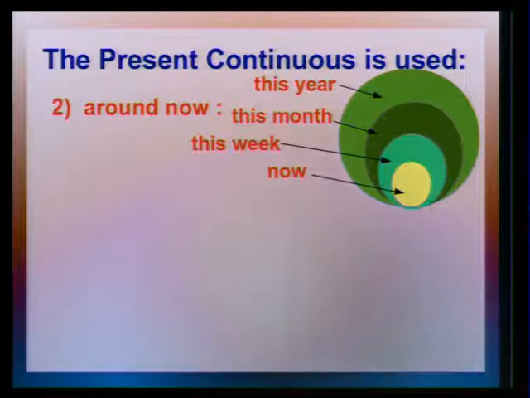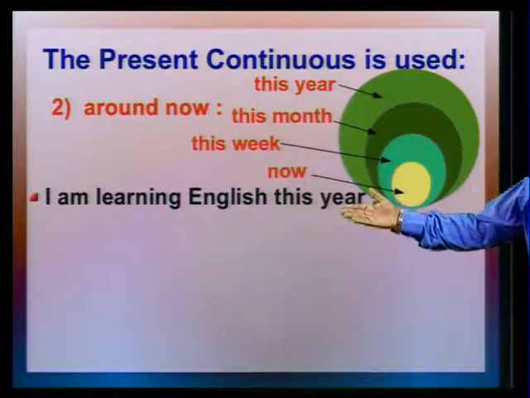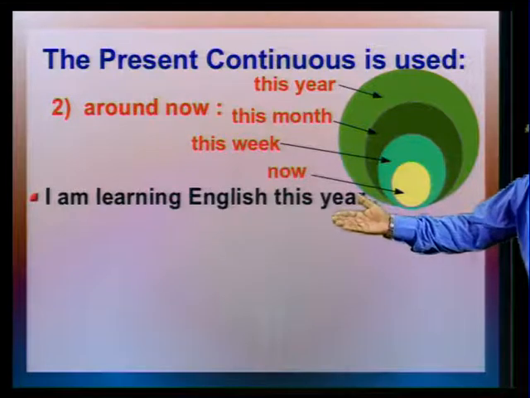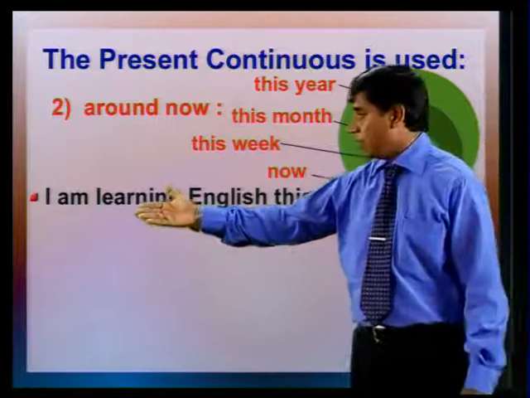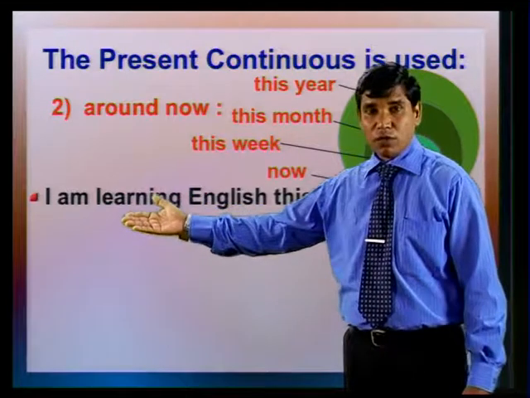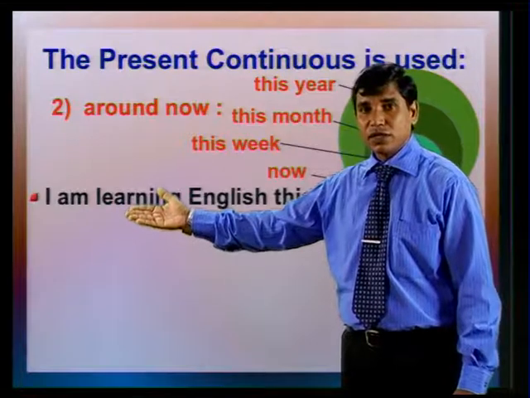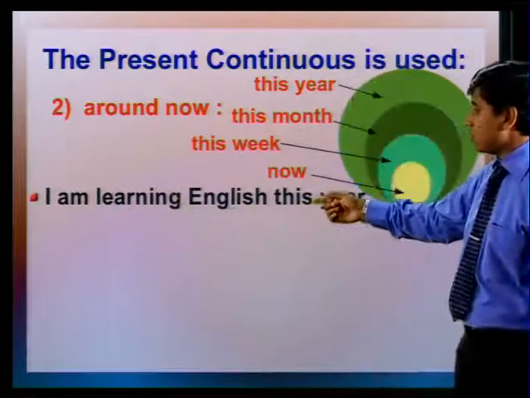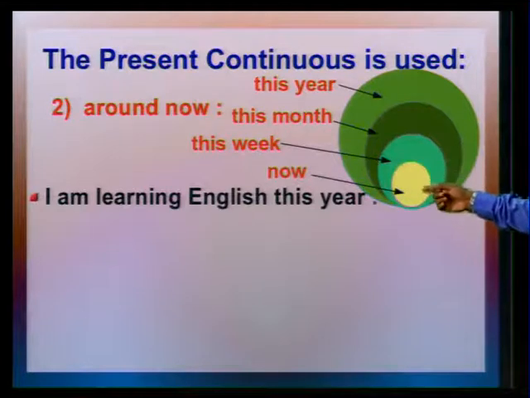Let's try some examples to understand this point. I am learning English this year. If you are using this year, it is important to use learning, the ing form of the verb. Why? This year. Now the time is around now.